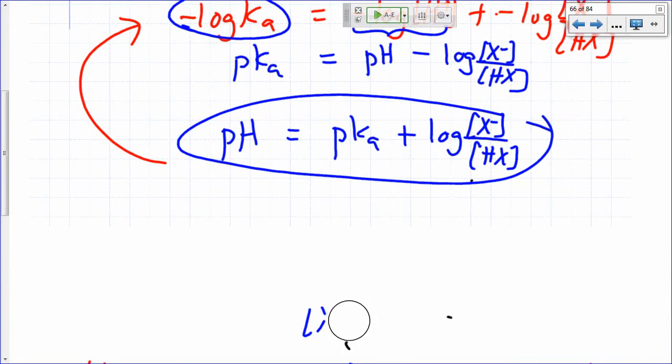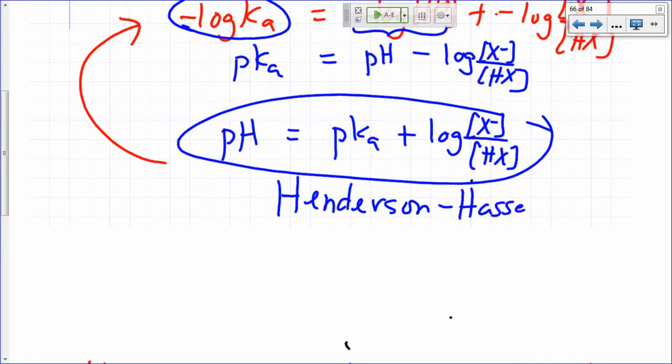This is called the Henderson-Hasselbalch equation. It's really just another way of writing your expression for Ka. So you really don't need to memorize this, but it just happens to be a convenient equation to use when we're dealing with buffer questions.